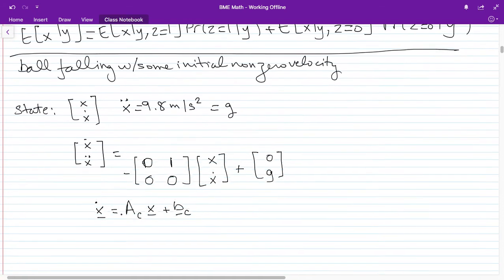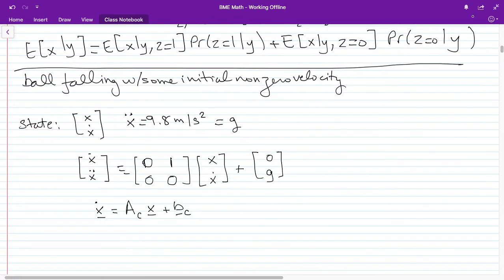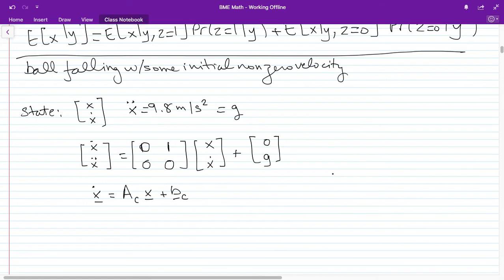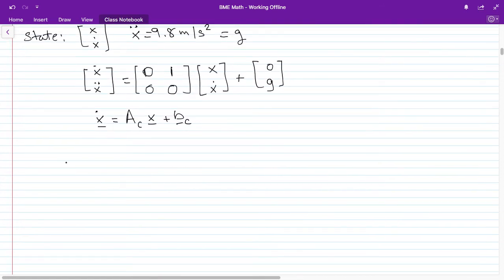So okay, so how do I write this in discrete domain? What I want to write it is in terms of this, x of t plus delta. Well, that's equal to x at time t plus x dot at time t plus some time delta. So this is some small amount of time that's going to pass.